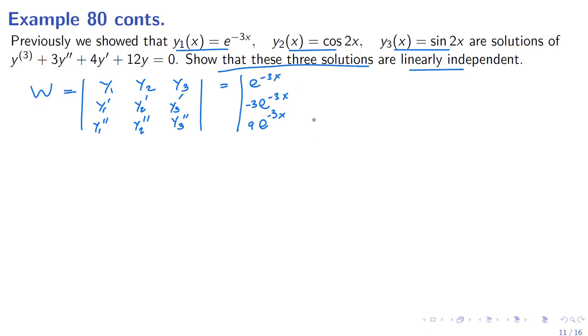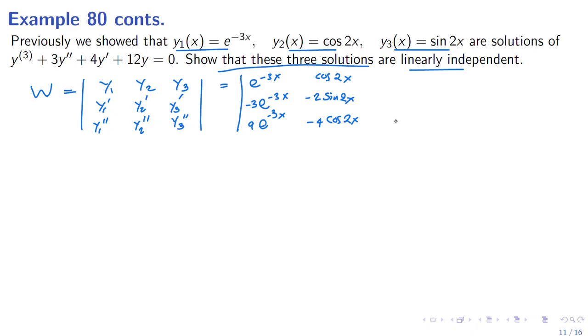Now the second column we have cosine 2x, its derivative is minus 2 sine 2x, its derivative is minus 4 cosine 2x.